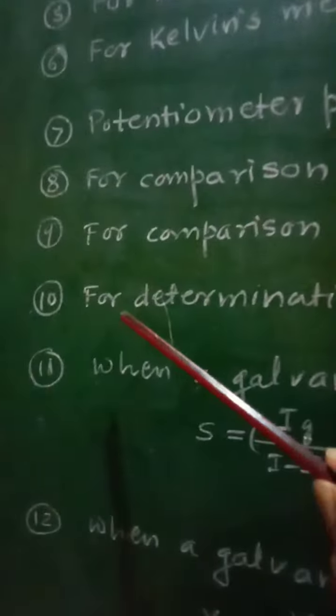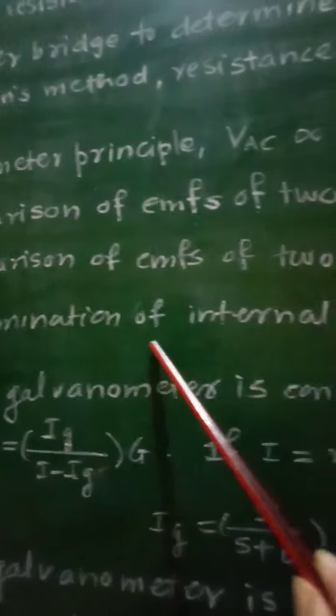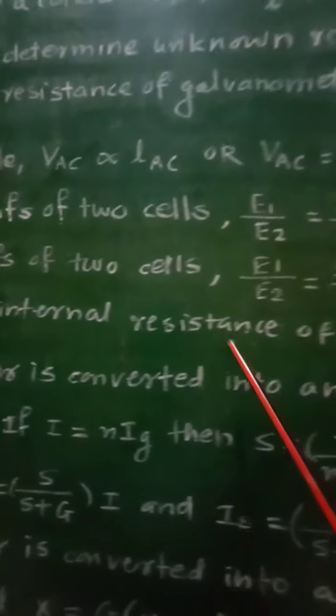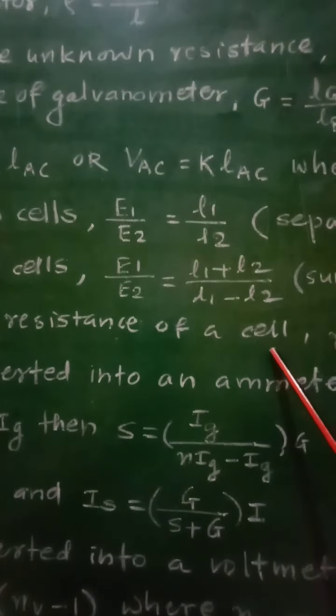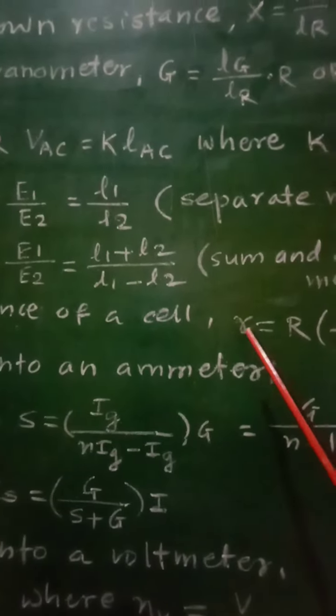Next formula gives determination of the internal resistance of a cell. The internal resistance of the cell r is equal to R into (L1 upon L2 minus 1). This small r will represent the internal resistance of the cell, and capital R will be the resistance connected externally in the circuit.